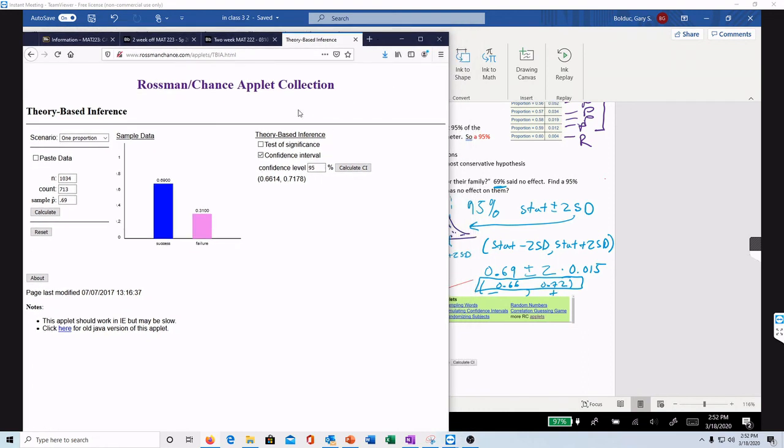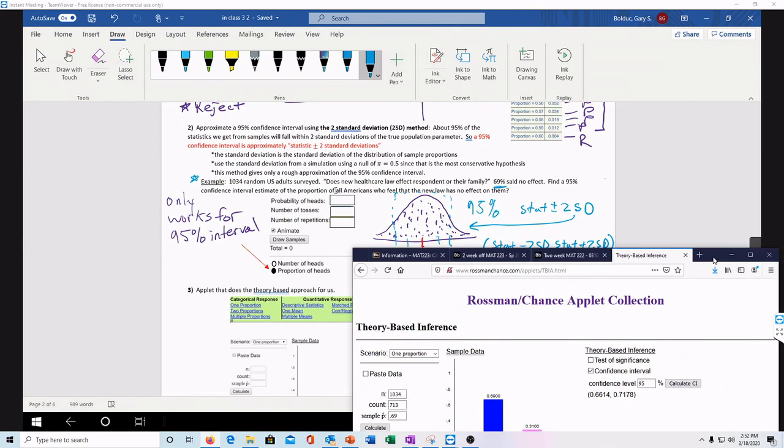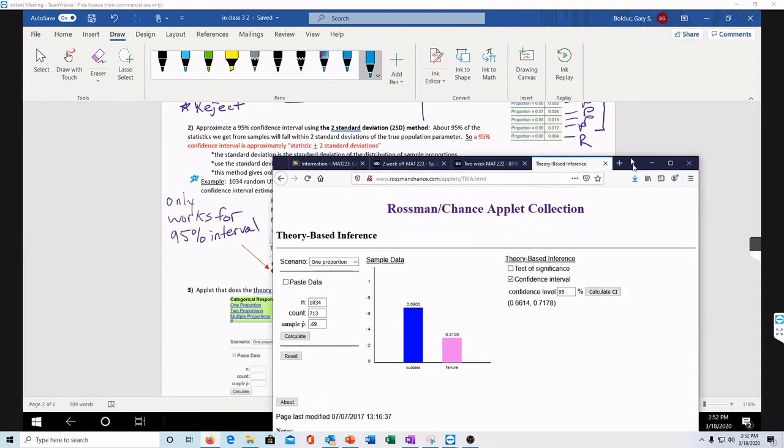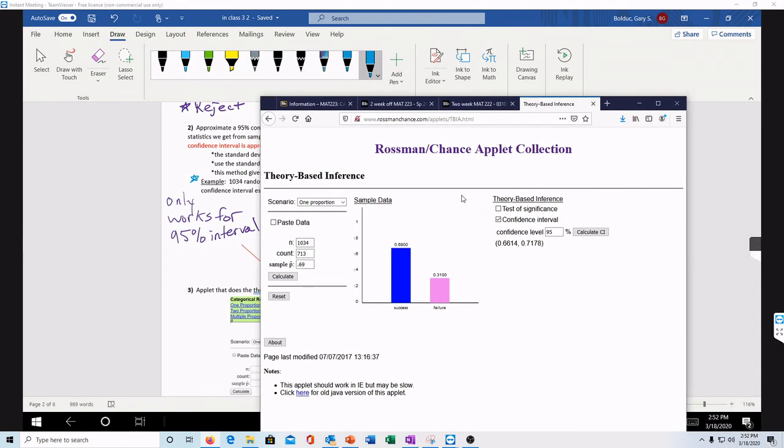So this is really just using a formula very similar to this, except it's trying to approximate the standard deviation, because it didn't run a simulation to do this, right? So if we go back to our work, we had to run a simulation with the other applet to get this SD here. This theory-based method is taking it a step further and saying, nope, you don't even have to do that.